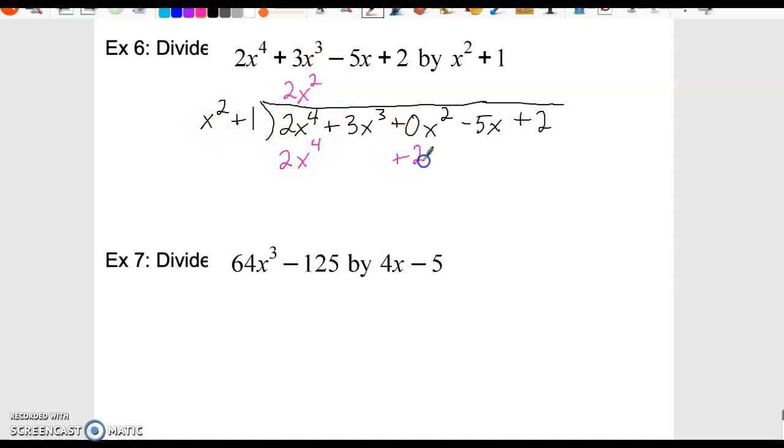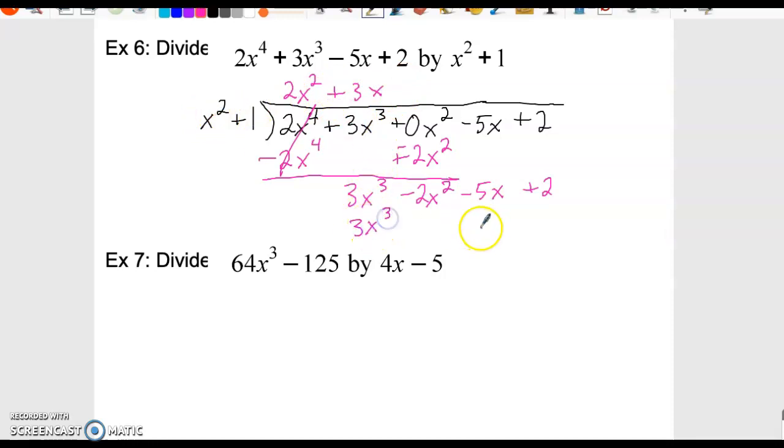But notice how I'm lining up 2x squared times 1. That way when I subtract these off, this will cancel, but then I have 3x cubed minus 2x squared. And if it helps, you can write all of it. So whoops, I wrote that in the wrong spot. 3x times x squared gives me 3x cubed.